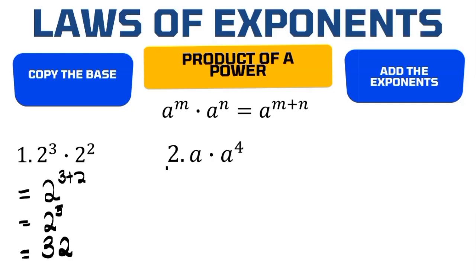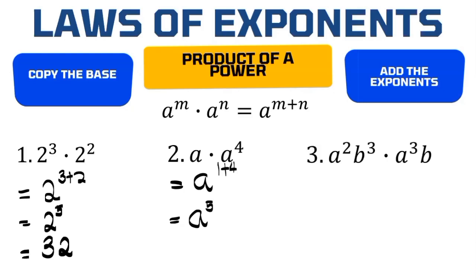Again, copy the base and add the exponents. So you'll have 1 plus 4, and the final answer is a raised to 5. This is just like when you were working with multiplication of polynomials. Okay? Next, we have here a squared b cubed times a cubed b.